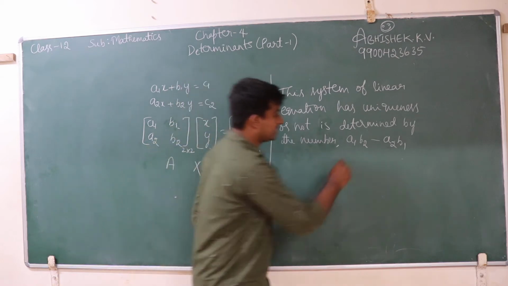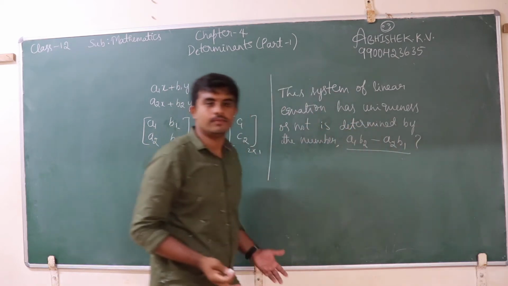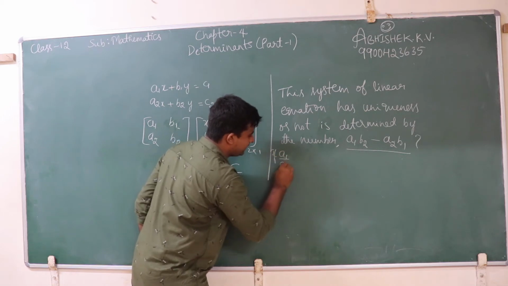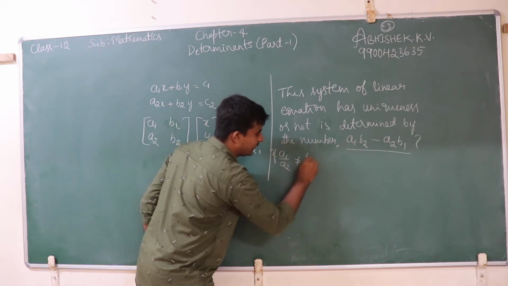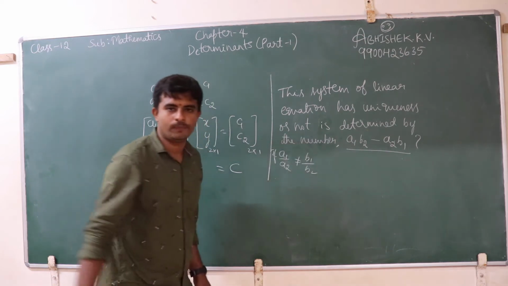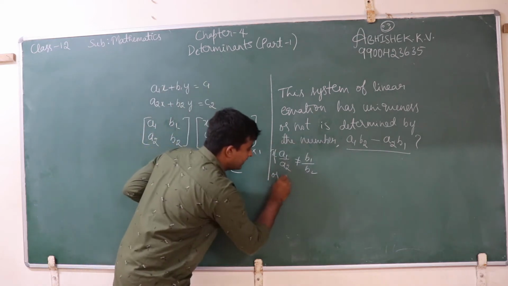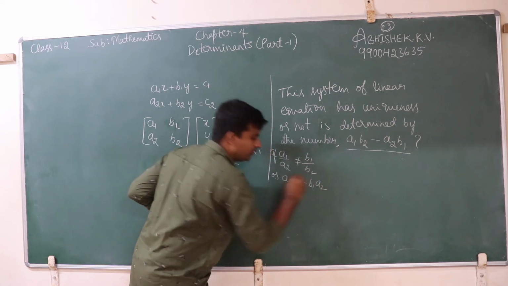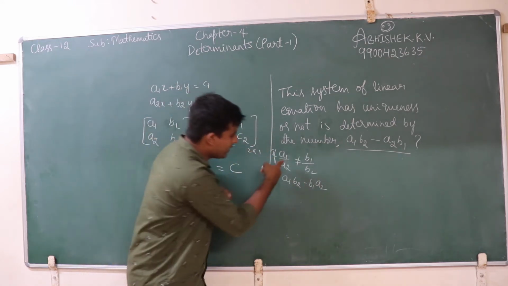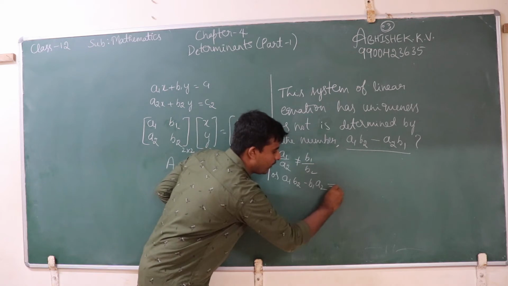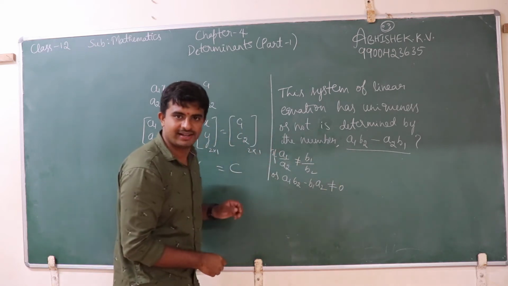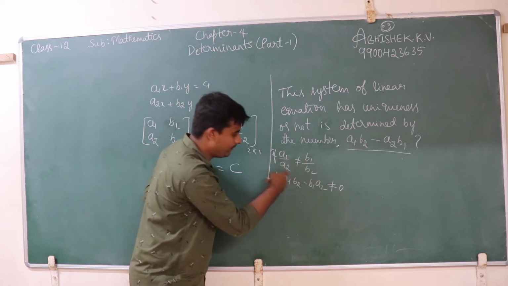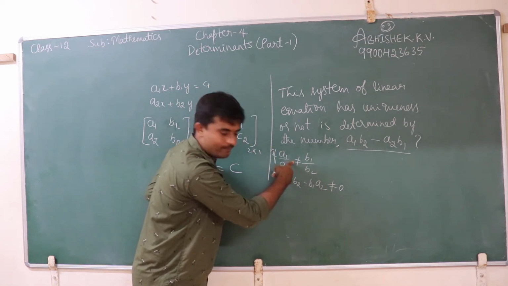Then the question arises, how does this number come? Recall that if a1 by a2 is not equal to b1 by b2, then by cross multiplying, a1 b2 minus a2 b1 is not equal to 0, right?